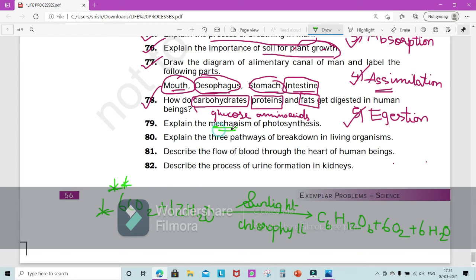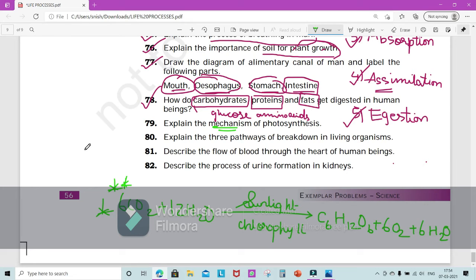The main thing that's asked is the mechanism for photosynthesis. We know the 3 steps, right? According to the NCERT, they have given 3 steps that are involved. Firstly, the absorption of light energy by the chlorophyll. Number 2 is conversion of light energy into chemical energy, and under that, the next point given is the breakdown of water to form hydrogen and oxygen.